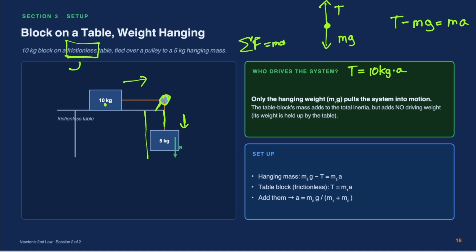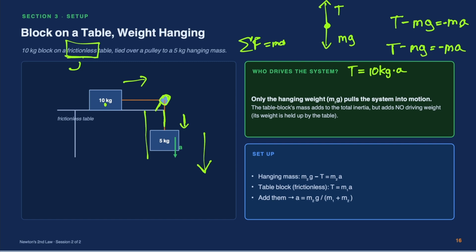But remember, since a is downward, right? It's going to be accelerating downward. So I'm going to put a negative a here. It's just going to become negative ma. So tension minus mg is equal to negative ma, because acceleration is going to be downward. I can substitute this. These m's, I know what they are, right?